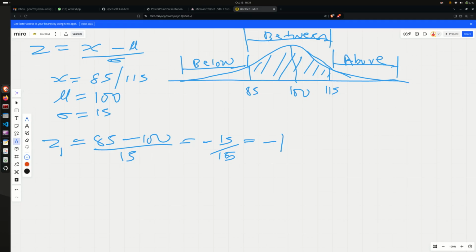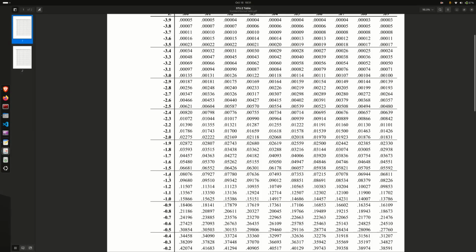So when you get negative 1.0, you need to look for negative 1.0 in the table, which is here, and then you take this value. If this was negative 1.1, you'd take this value, if it was negative 1.2, this value here, negative 1.3, this value here, and so on.